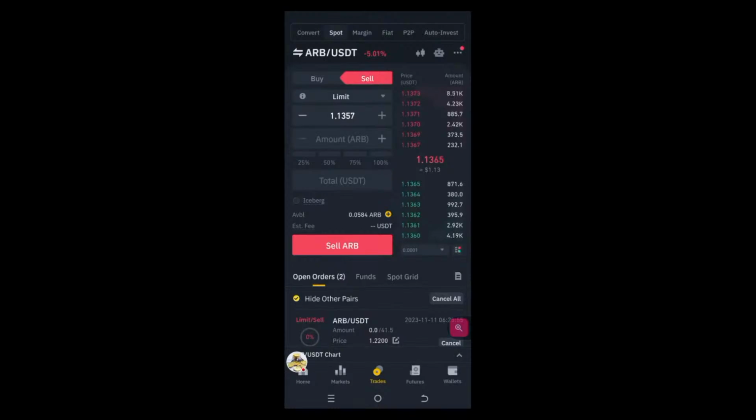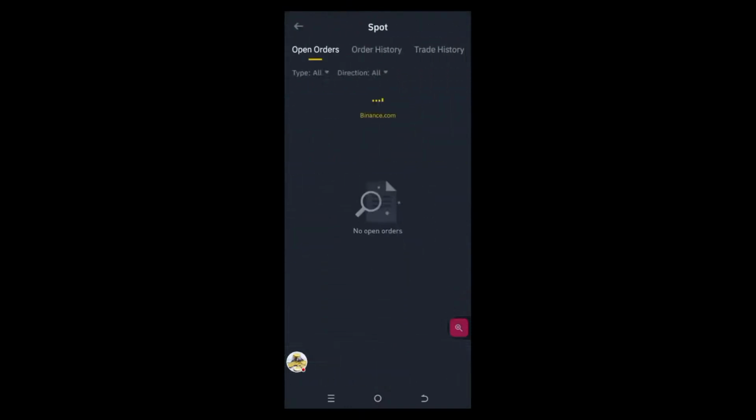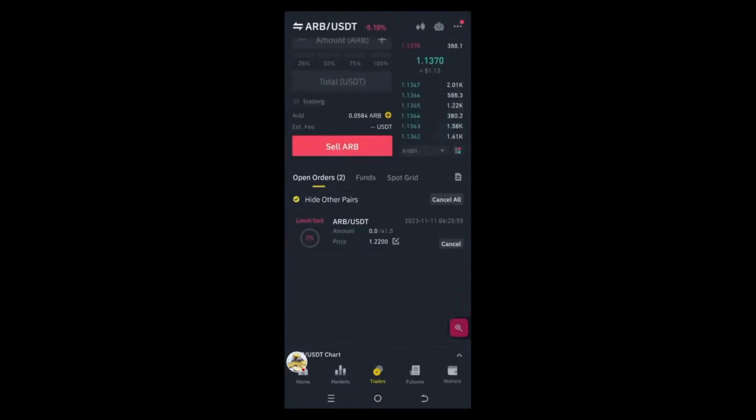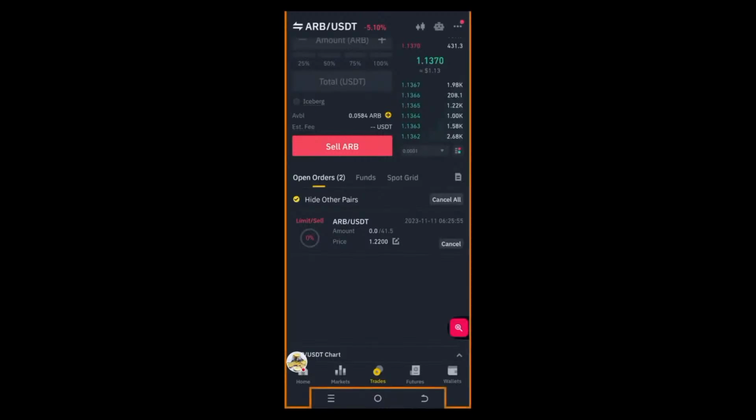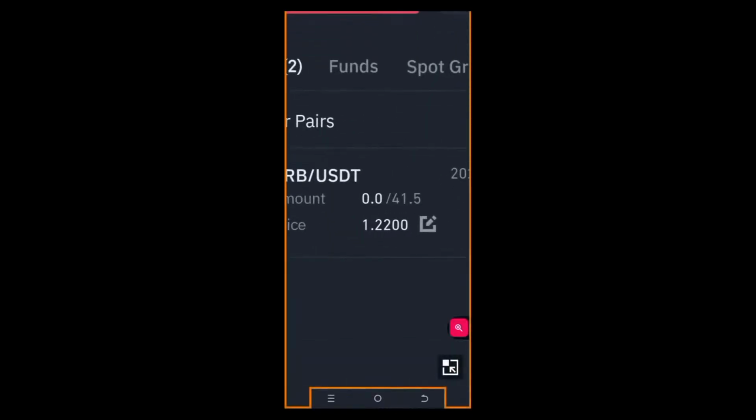Like we have here, I've said I want to get ARB, I want to make maybe like 1.5%, and I set it. So in limit order, all I have to do is just put in the amount I want to get. Let me show you in the tray here. So what I'm trying to get is 1.22.